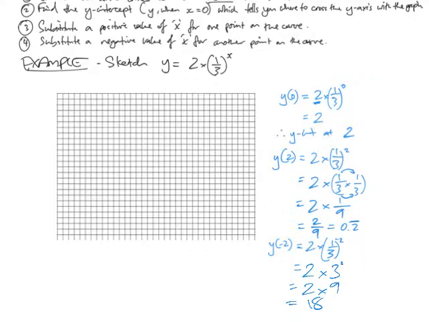So now we have all the information required to draw this graph. So I'm going to do an x-axis here. Bit wobbly, but it's okay. Y-axis here. So we might go 2 blocks each step in the x direction.